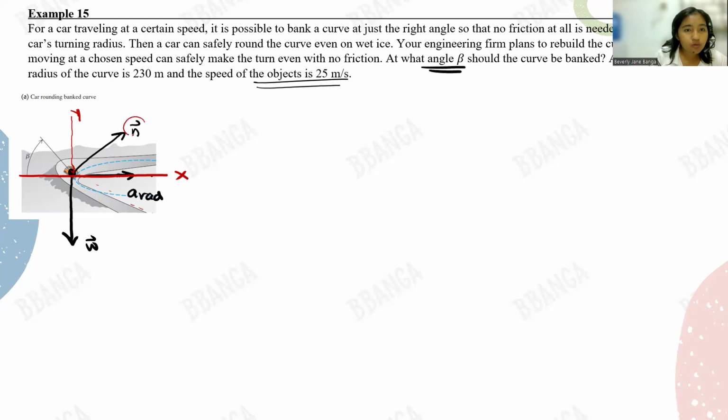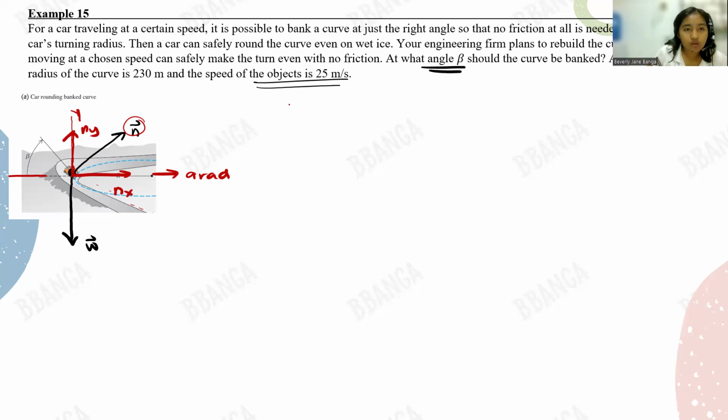Therefore, yung normal ninyo, meron siyang component along x and component along y. So, ito yung x. Okay. So, a-rad again is dito lang din for x. Na si normal natin, may component siya sa x and may component siya sa y.